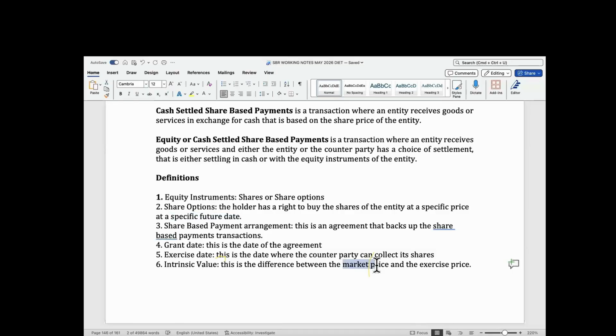Usually, you find out that the exercise price will be much lower, in such a way that if the counterparty buys those shares at that price and decides to flip or sell them immediately, it will make a huge gain, a huge profit. And this is really the value of this type of transaction.